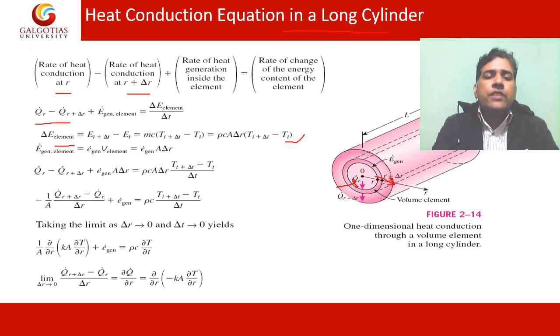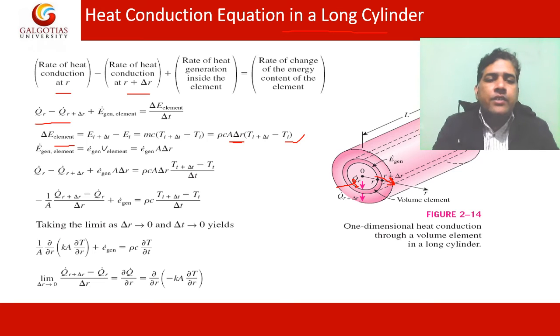Here the only change will be the volume. Volume is now given as A into delta r, where A is the surface area of the element and delta r is the thickness of the element. In this way the volume of the cylindrical element will be calculated.